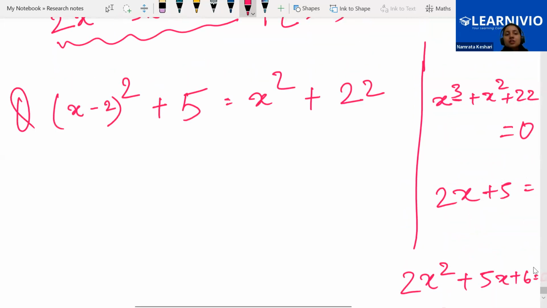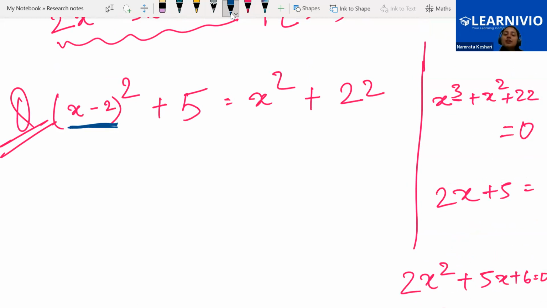This is the question and the instruction is to check whether it is a quadratic equation or not. How will we check that? We will do basic simplification. (a minus b) whole square, let's expand it according to the formula.